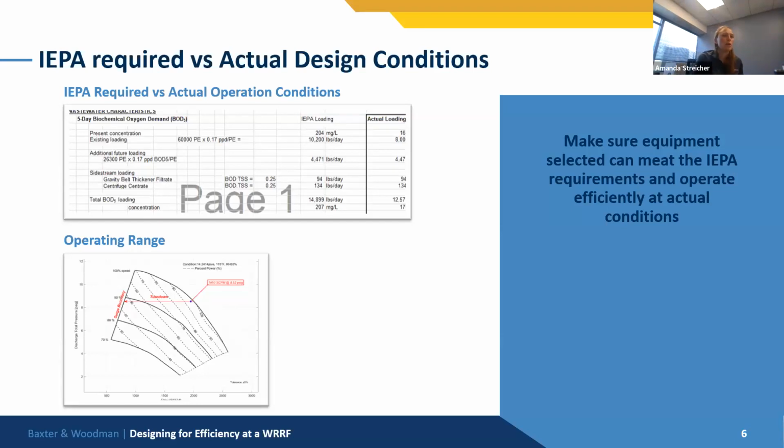So it might be more effective to have smaller equipment and multiple smaller equipment to operate more efficiently at your typical average point than two large pieces of equipment that'll hit that IEPA with the redundancy. So figuring out where you are operating most of the time, selecting that as your most efficient point, and then selecting the quantity of equipment, or maybe the right size of equipment that will get you to that IEPA permitted loading as well.